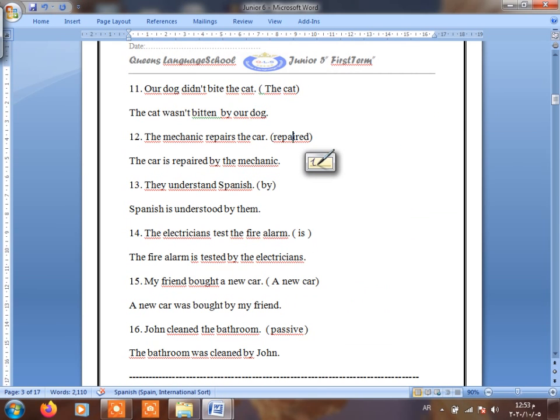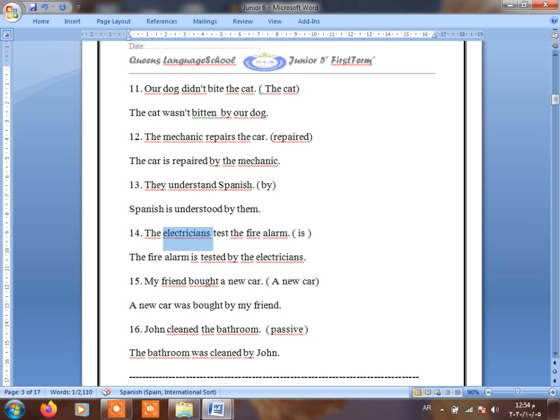And sometimes he asked me to use by. And of course you know that we use by at the end of the passive sentence. And sometimes I'm asked to use the verb to be in the sentence, like number 14, the electrician tests the fire alarm. So he asked me to use is, and of course I will change the sentence into passive.